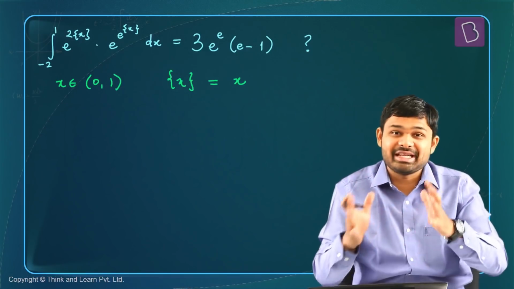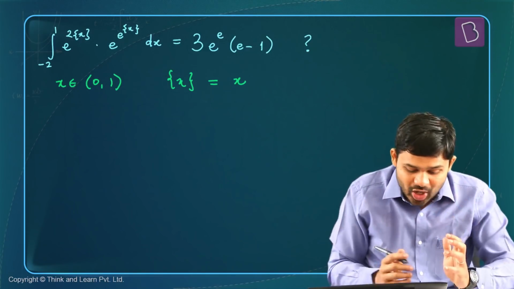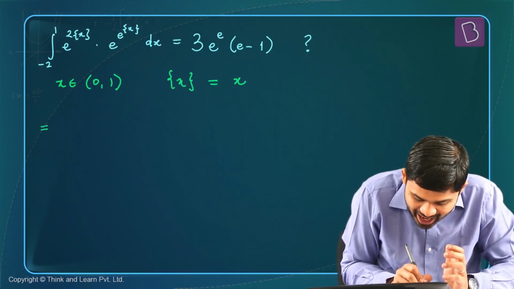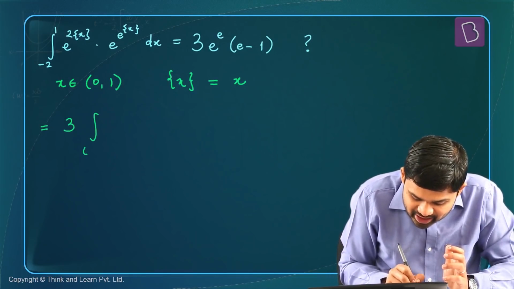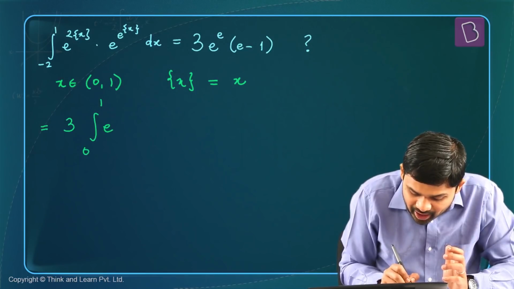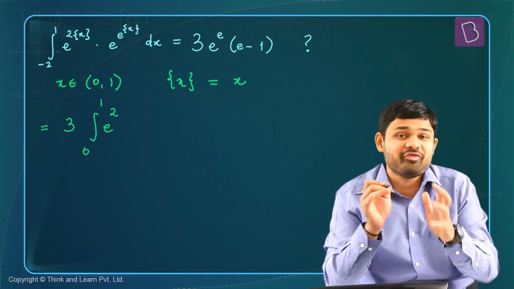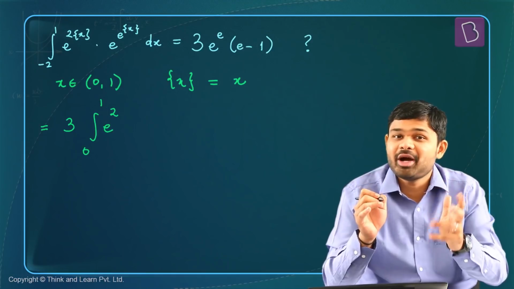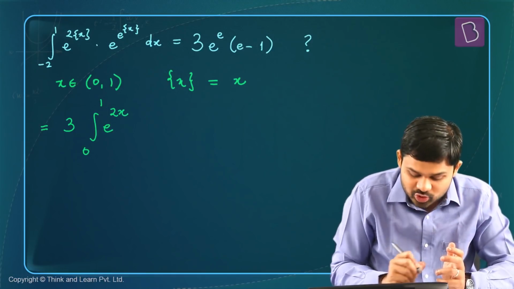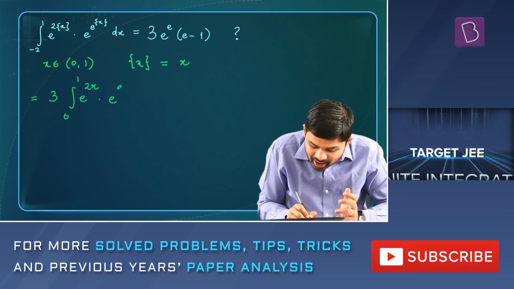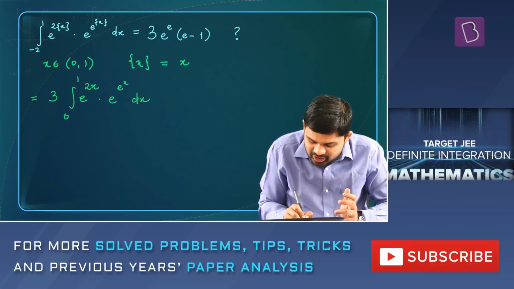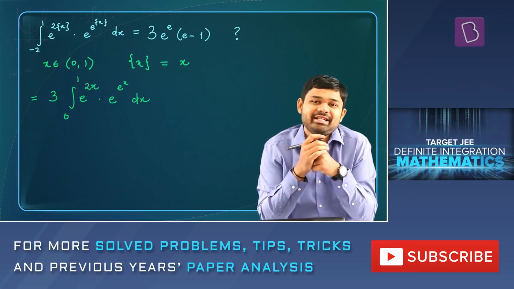But the fractional part of x repeats in every subdomain. So I can rewrite my question as 3 times integral 0 to 1 e power 2 times the fractional part of x. Well, in 0 to 1, the fractional part of x is x itself, so I can write it as 2x multiplied by e power x dx. So this is the integral that I need to solve.